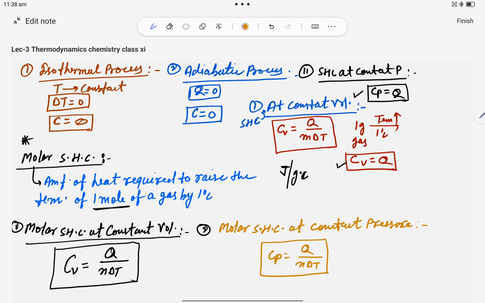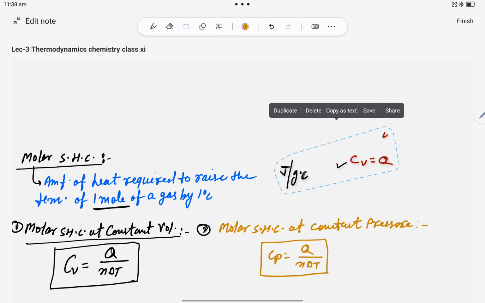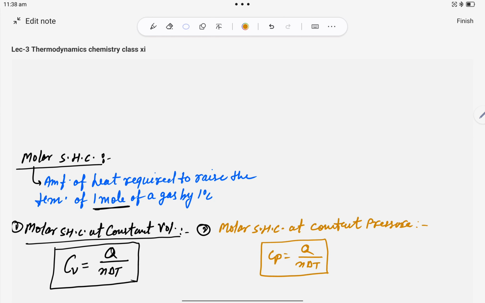Okay. So let's check one example. They have given one example, O2 gas.